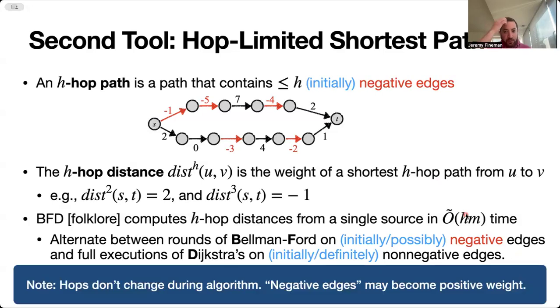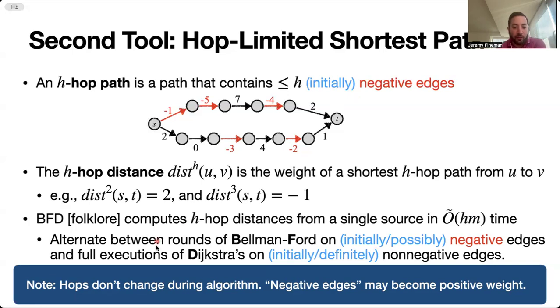I do want to note, because it's a little bit subtle and somewhat important, the definition of a negative edge I'm using throughout the talk and in the paper is the edges that are initially negative weight. It is possible that the algorithm will change some of the edge weights along the way to make them positive, but I still want to call those negative edges.